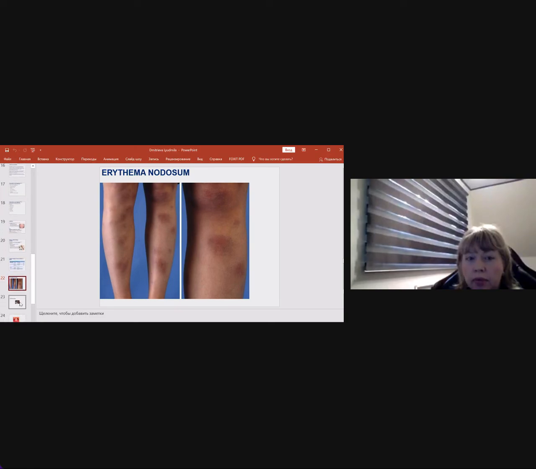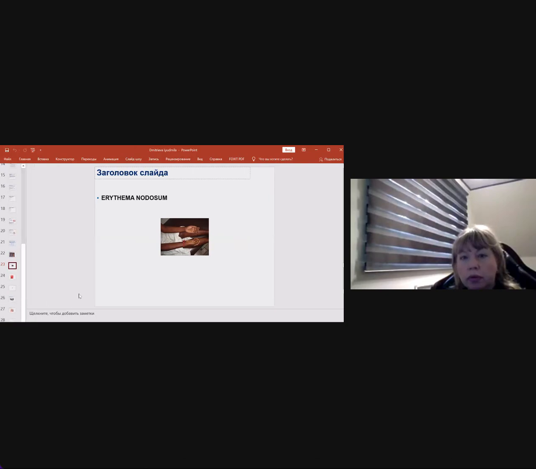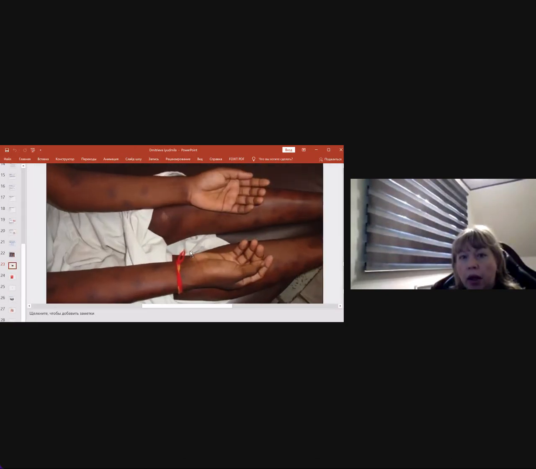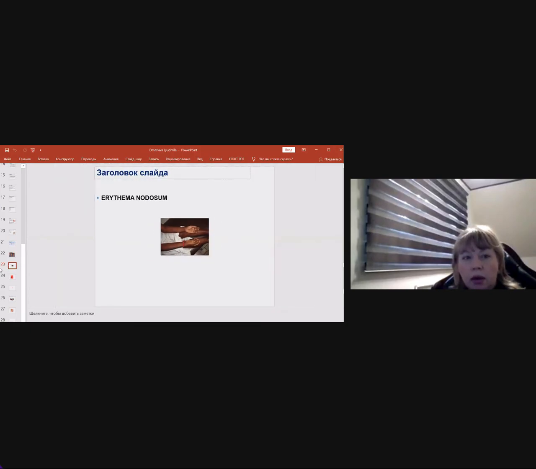What else? Erythema nodosum, the elements of erythema nodosum on the arms. Okay.